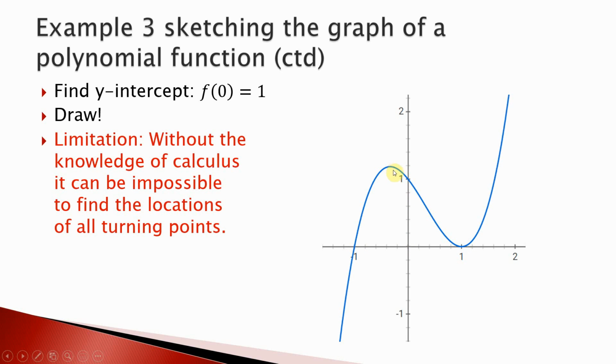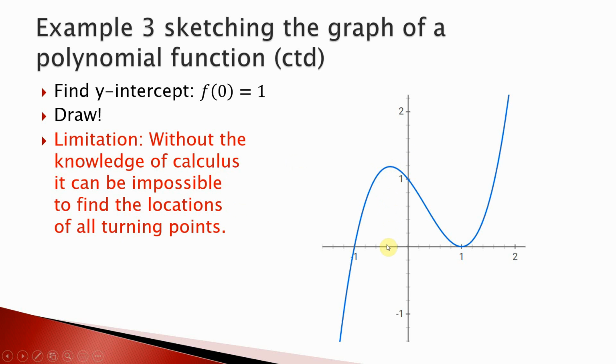So we cannot find this local maxima. So the coordinates of this point we are unable to find. Okay, so we are unable to find the coordinates of this point without the knowledge of calculus. So we cannot find the maximum value, and also when it actually occurs.